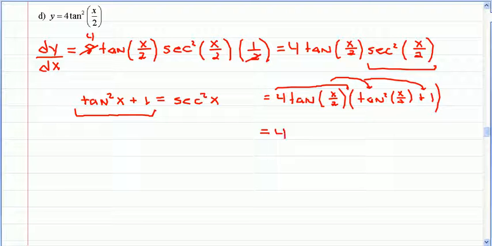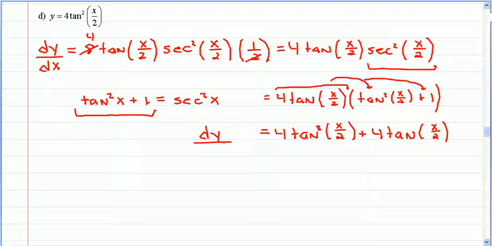I have 4 times tangent cubed of x over 2 plus 4 tangent of x over 2. So my dy dx is equal to 4 tangent cubed x over 2 plus 4 tangent x over 2.